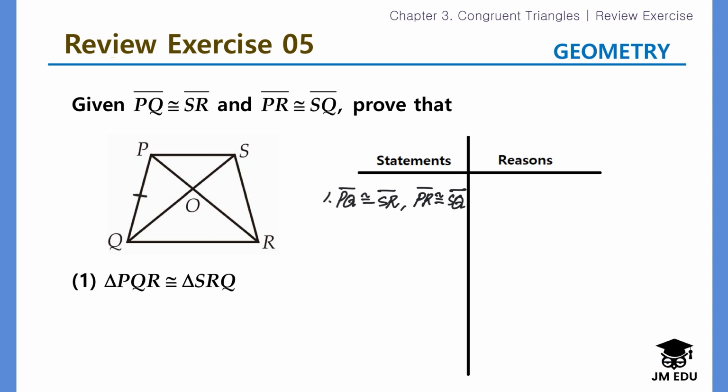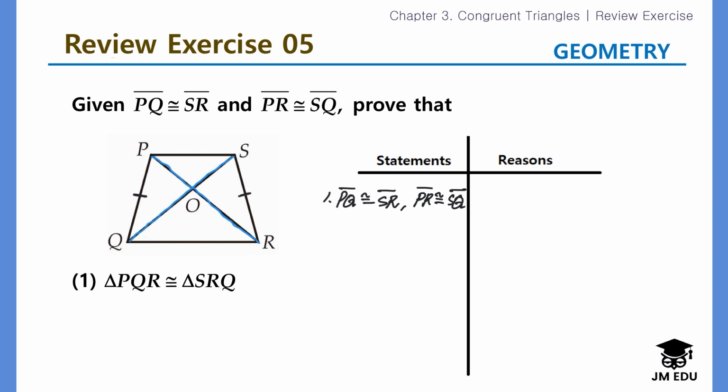So PQ, SR, they are congruent. PR, this side right here is congruent to SQ, this side right here, right? And if we look at this triangle and this triangle right here, they share the side QR, right?